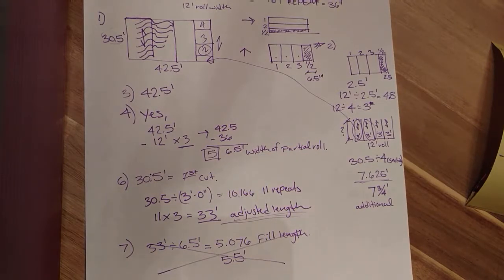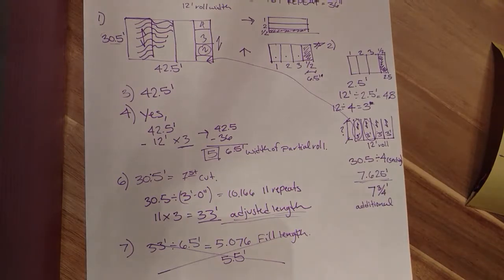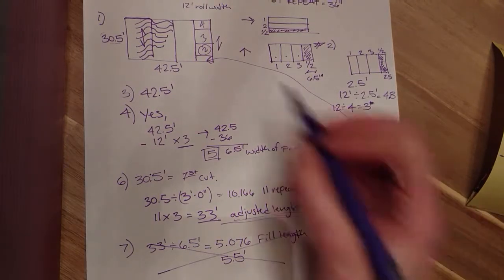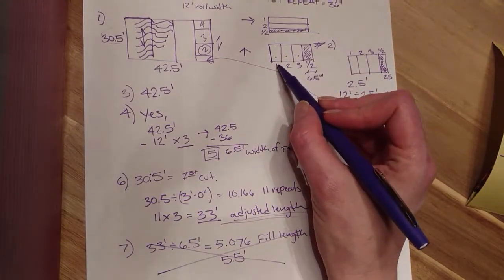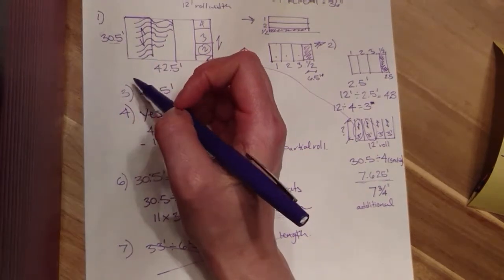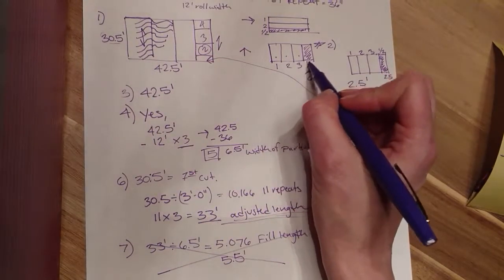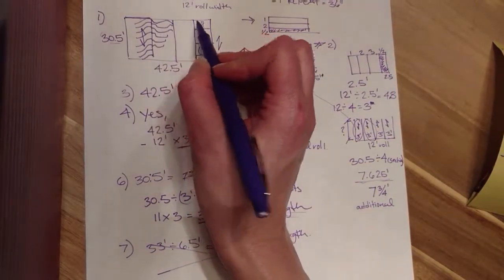Okay, so then the next steps are really easy. So 8 is determine the length to be ordered, and so all you're doing there is just taking all of the widths and adding them up. So we're starting with the first one, we're moving back to our original case here, which is 30.5. Remember, we're just using the length of the room first. And then for 2, 3, and 4, we're using this adjusted length, and that is so that our seams line up.